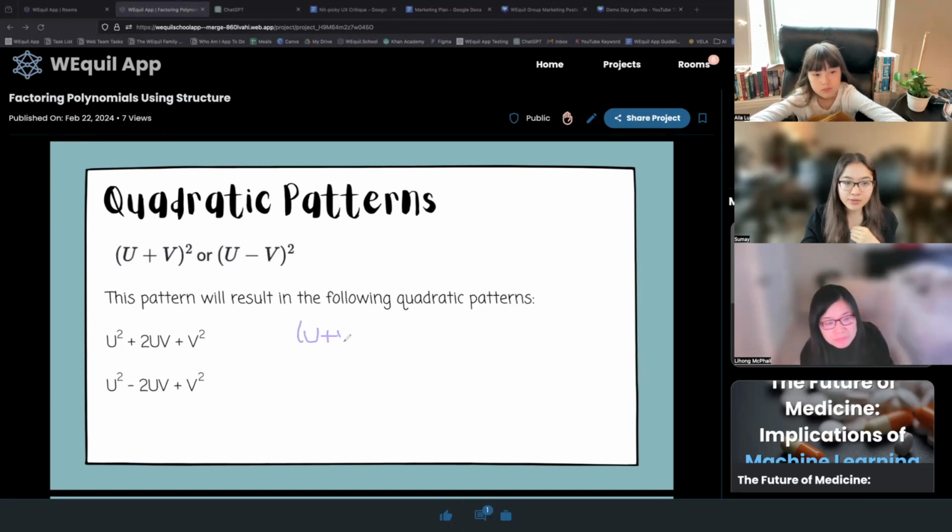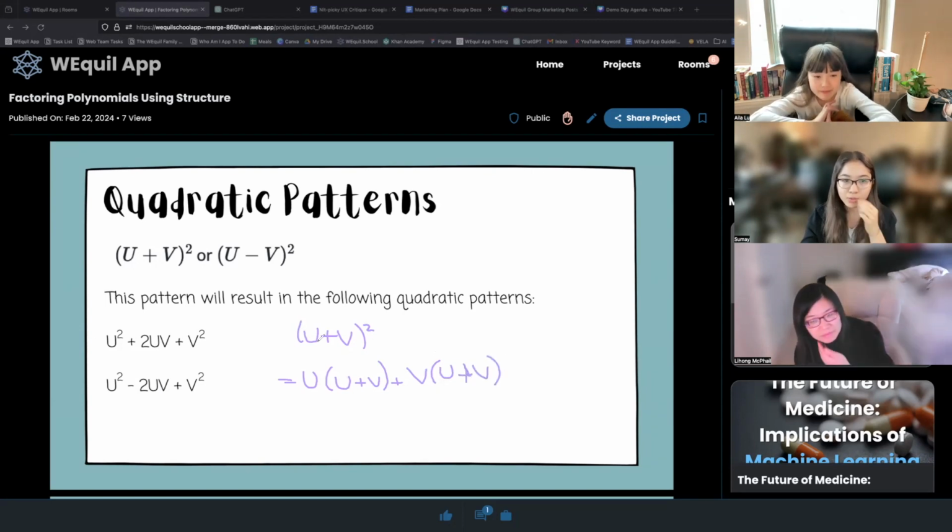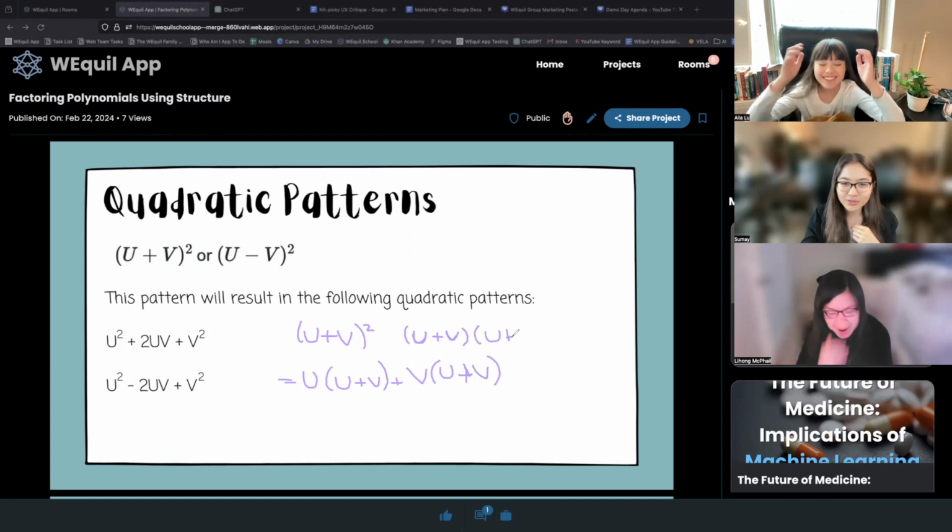u plus v squared. This is also equal to u plus v multiplied by u plus v, because we're basically multiplying this by itself, right? This is the same thing as u plus v times u plus v.